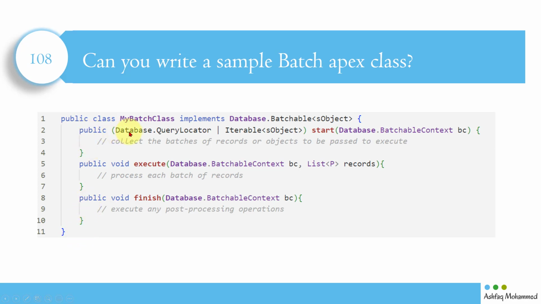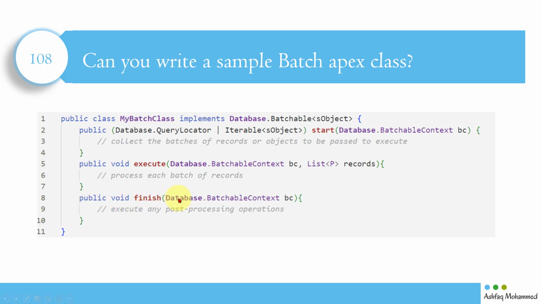Public Database.QueryLocator, you have to use either this or Iterable, not both at a time. Then the start method, with Database.BatchableContext and the variable bc. Then you implement whatever query you have. The second method is public void execute, again with Database.BatchableContext bc, List<P> records, and whatever you implement over here is fine.